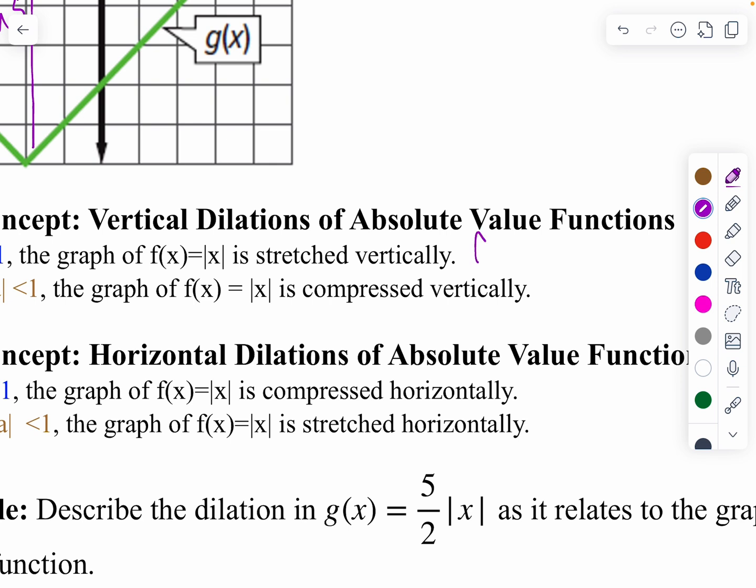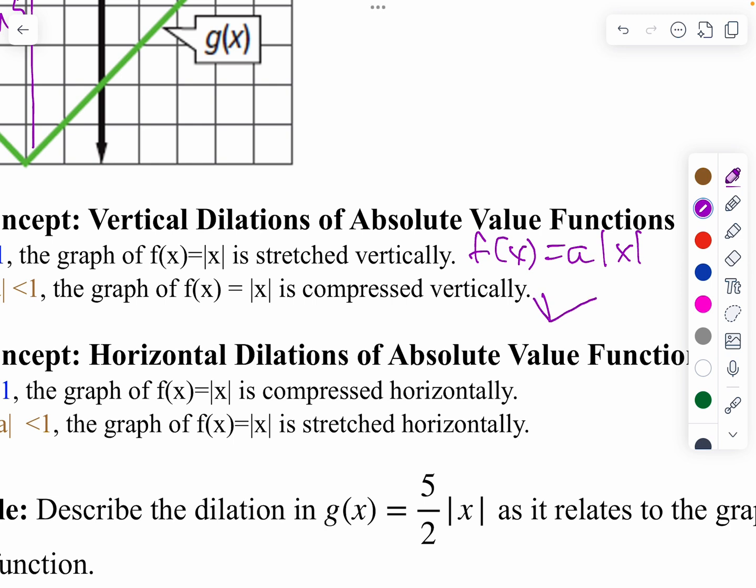So f of x equals a times the absolute value of x is going to be stretched, provided a is greater than 1. And if it's less than 1, I'm going to compress it. In other words, it's going to get wider. So compress it means my v gets wider.